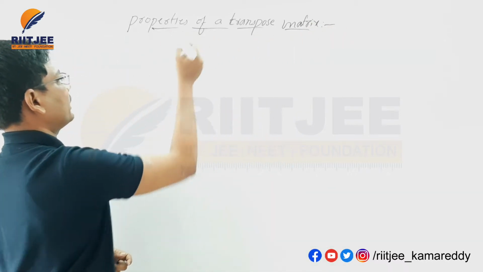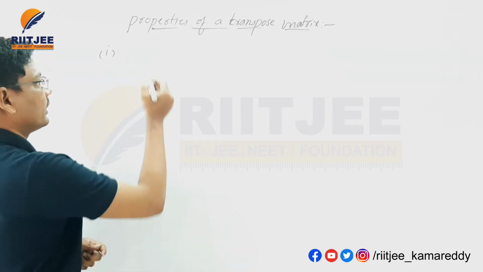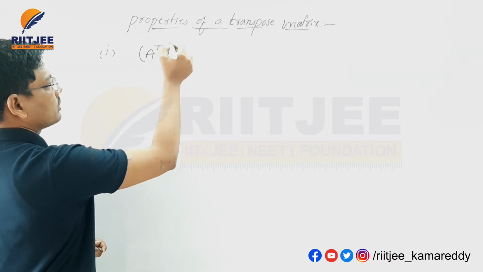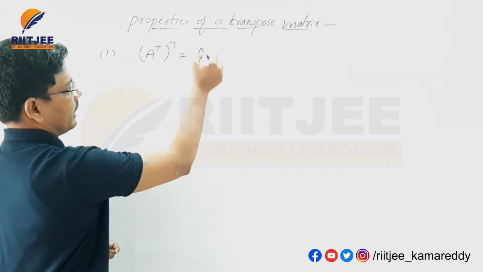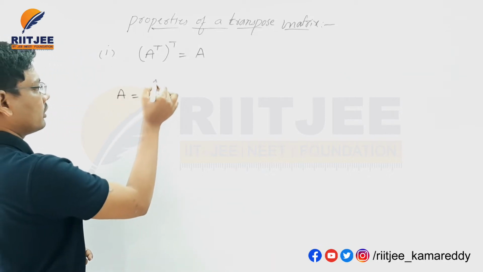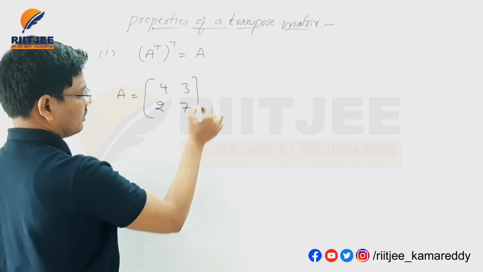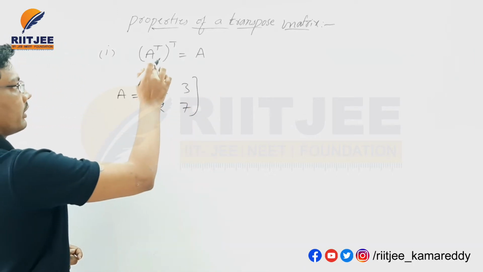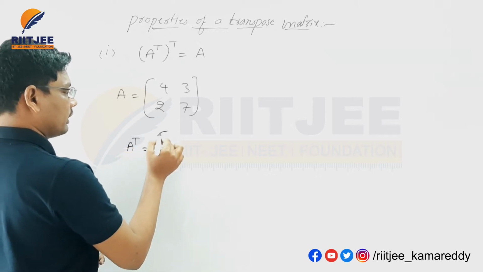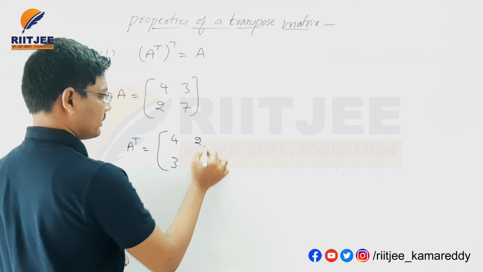The first property is: A transpose whole transpose gives A. Let us take one example. I am taking A is equal to the matrix 4, 3, 2, 7. First step, we need to find the transpose of A. A transpose will become 4, 3, 2, 7.